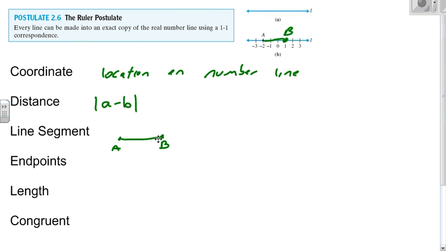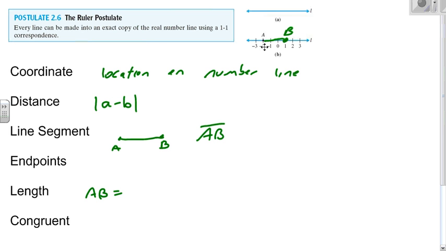You could then talk about the length of that line segment. Line segment would be named AB with a line segment above it. Talk about the length of AB. If you're talking about the length, you don't put a line segment above it.